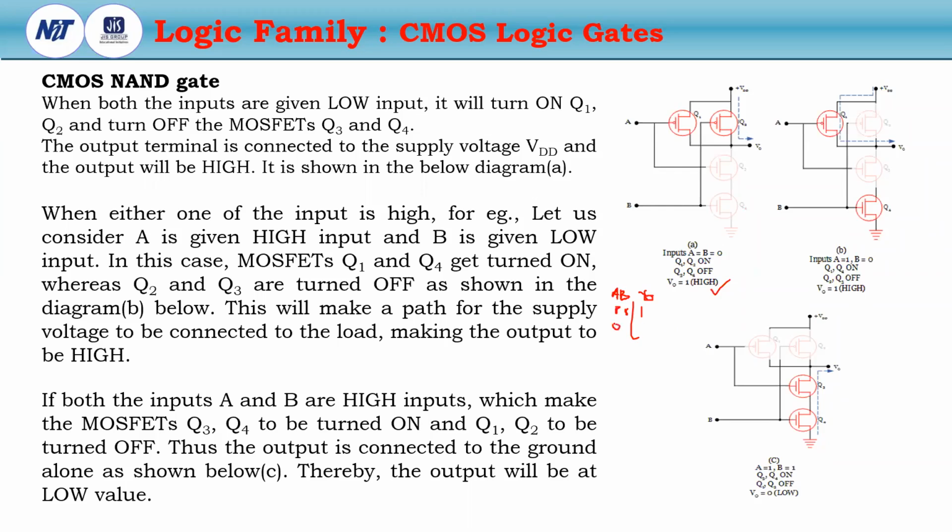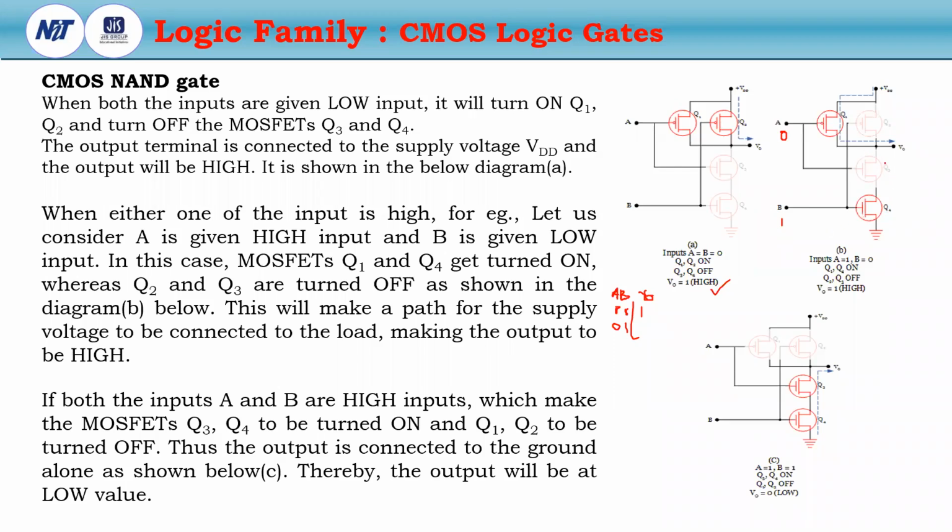Suppose the input is 0, 1. Then Q1 will be turned on and Q2 will be turned off. Similarly, Q3, which is an NMOS, will be turned off due to this 0, and Q4 will be turned on due to the logic high at the gate.